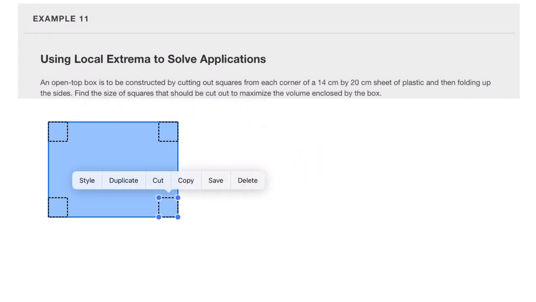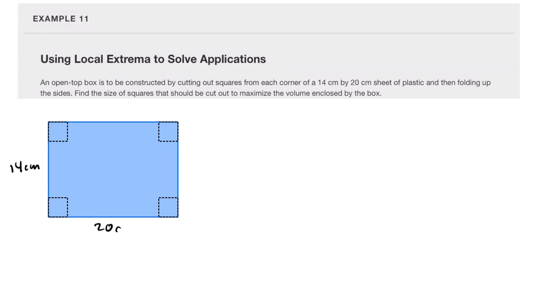Now, an open box is to be constructed, and the sheet is 14 by 20, right? Centimeters. So this is 14 centimeters. This is 20 centimeters. Then we're going to fold the flaps up to make an open box.